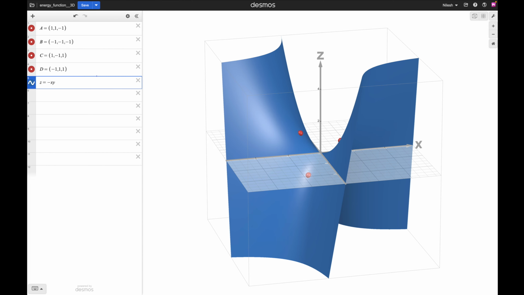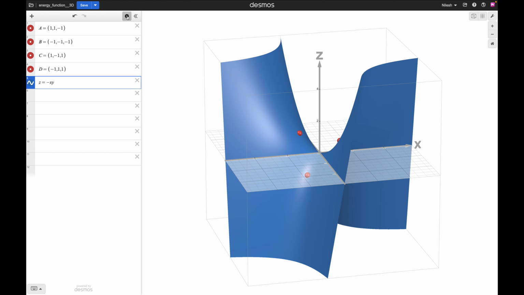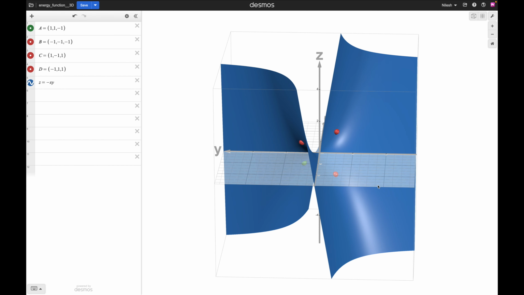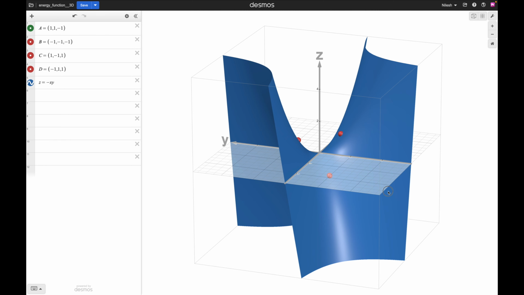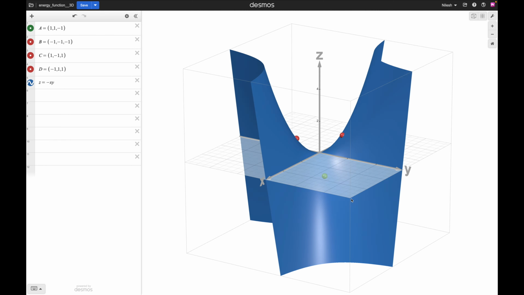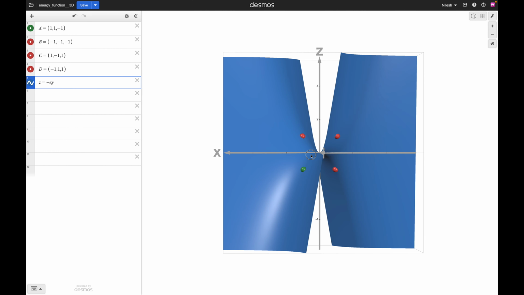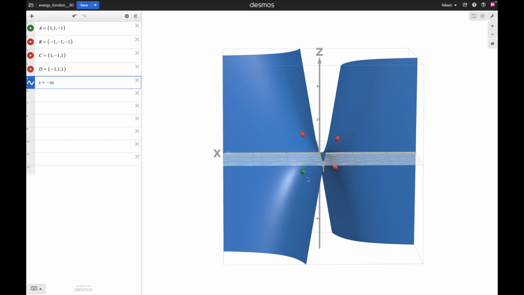So if we change the color of this particular plot dot, and let's say change it to maybe a green, and then look at the point in here, we see that it's a low energy state, as we can see, the green dot A is in the valley right here.